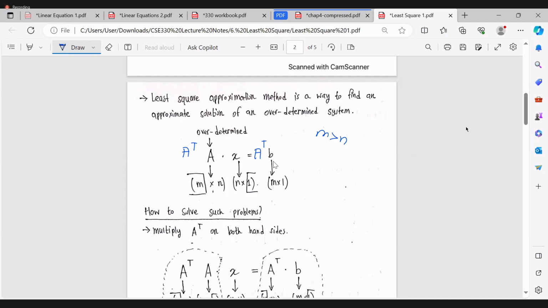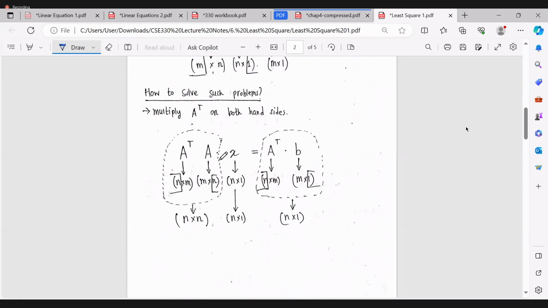Now this ATA, that means A transpose A, becomes a square matrix because A transpose means transposing all the rows into columns and columns into rows. So A was m into n dimension, and A transpose has dimension of n into m. So you can eliminate these two. This will be ATA, that means n into n.